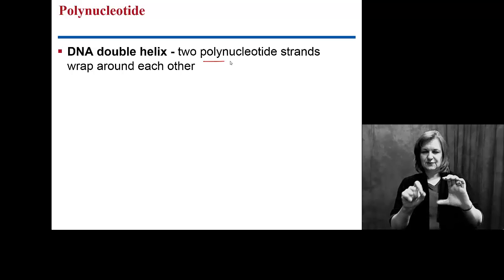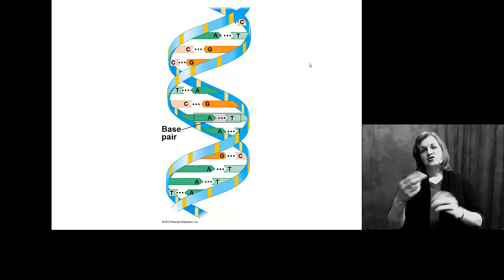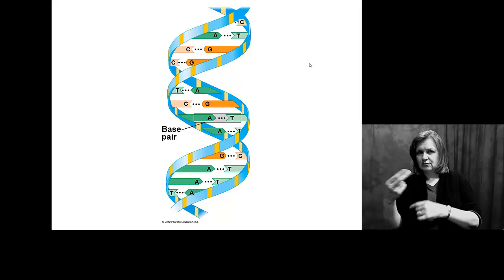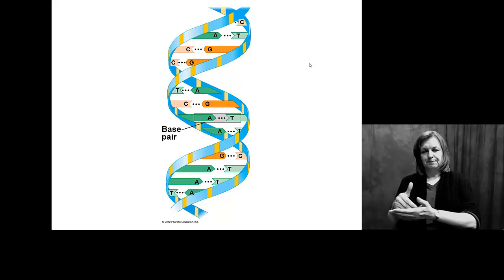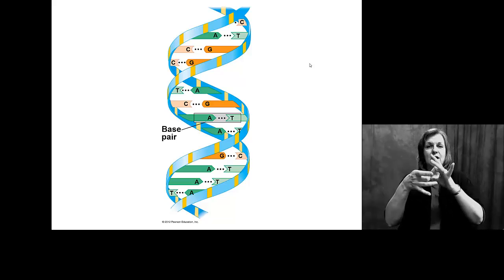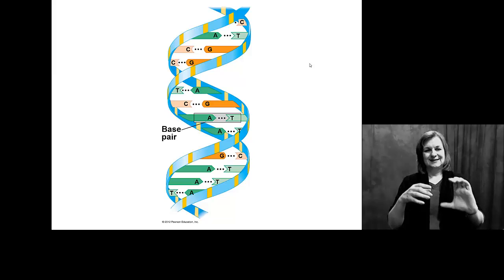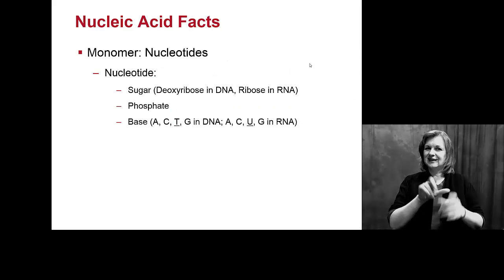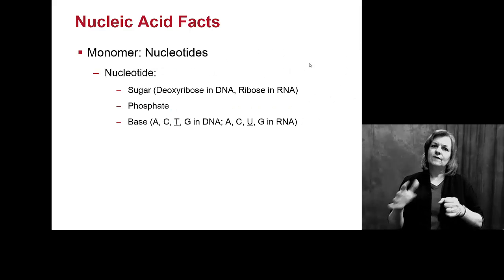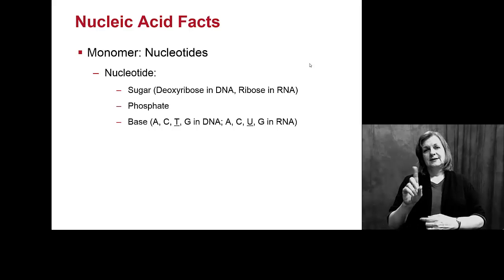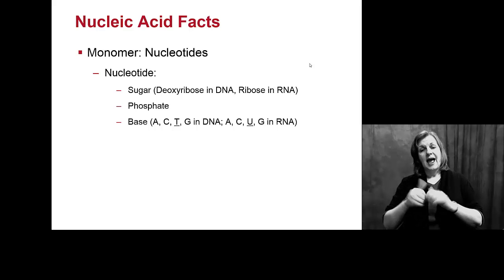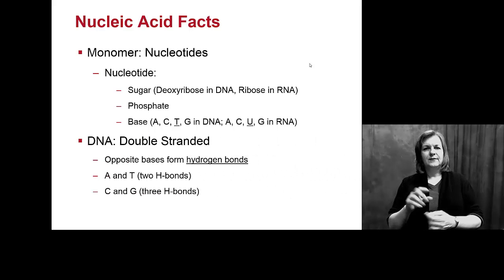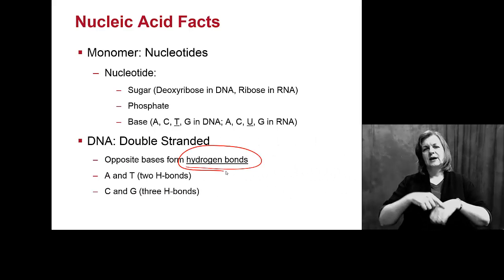We're going to take two polynucleotide strands and stick them together so it looks like this. Now, when we do this, and we'll talk much more about this later on, we think about DNA as being double-stranded. The hydrogen bonds form in between.